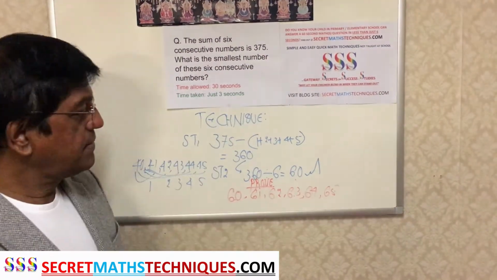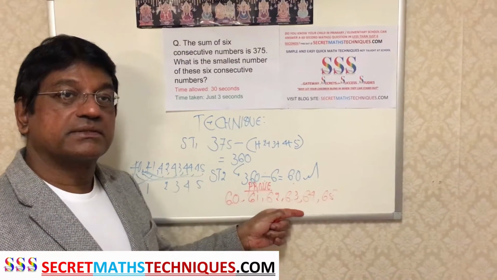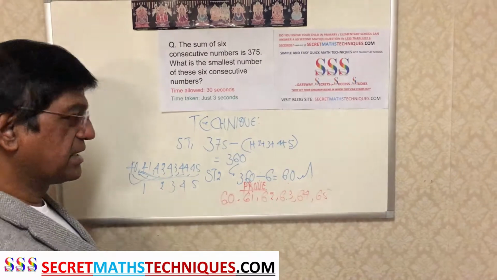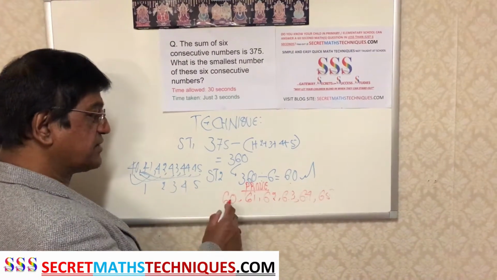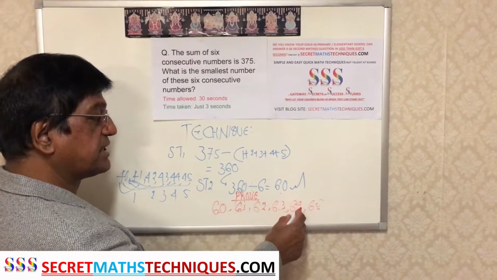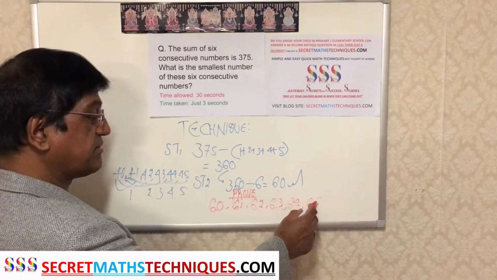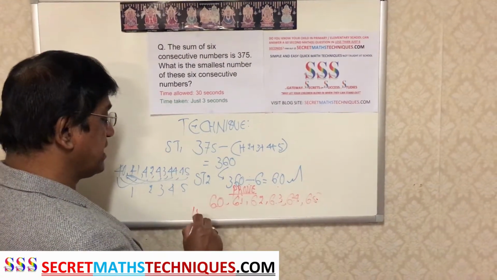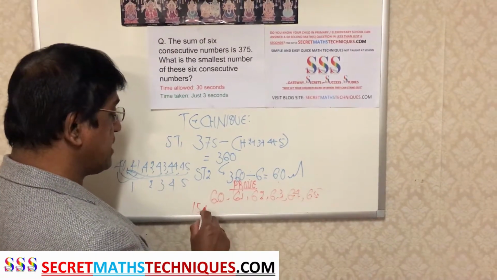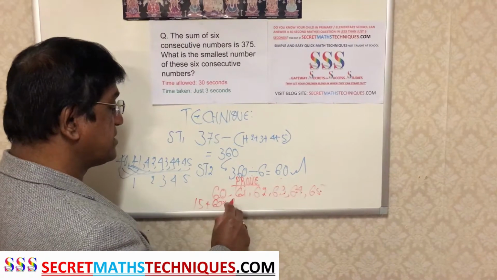Children, students, you can go and total this up and you will get 375. But I can do it for you easily. The way I do it is a shortcut. 0 plus 1 is 1, plus 2 is 3, plus 3 is 6, plus 4 is 10, 10 plus 5 is 15. So I take away 15, and what is left here is 60, 60, 60, 60, 60, 60, and I will say 60 into 6.